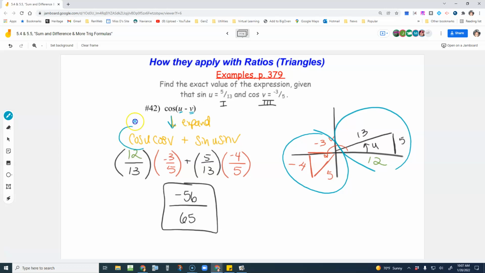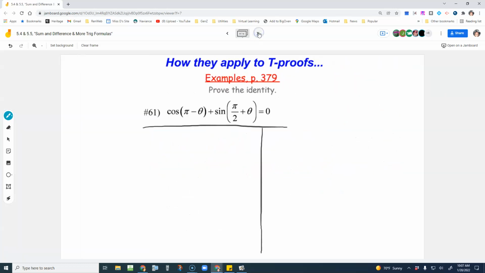We just have to know the ratios, and if we can plug in all the ratios, we get to avoid the nasty angles that we never needed to know in the first place. Plug in those nice little fractions and say, boom, I got you. You got the cosine of whatever angle is formed by subtracting those two, and I don't know the angle measure, but I know everything I needed to know if I use my formula. Also, another thing from last time, where we ended, was proofs.